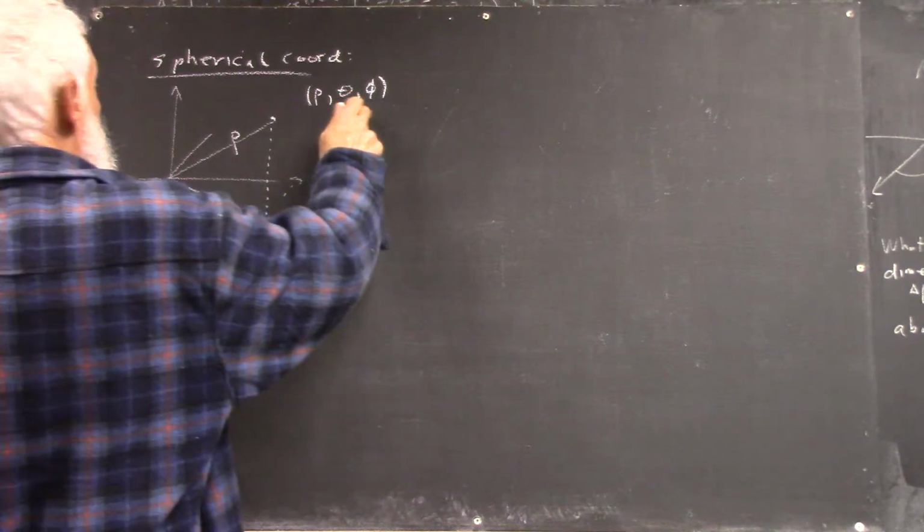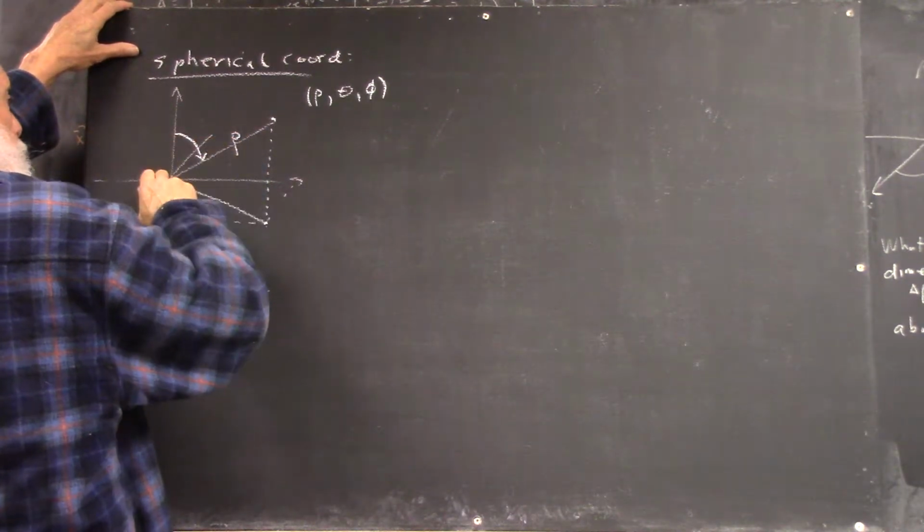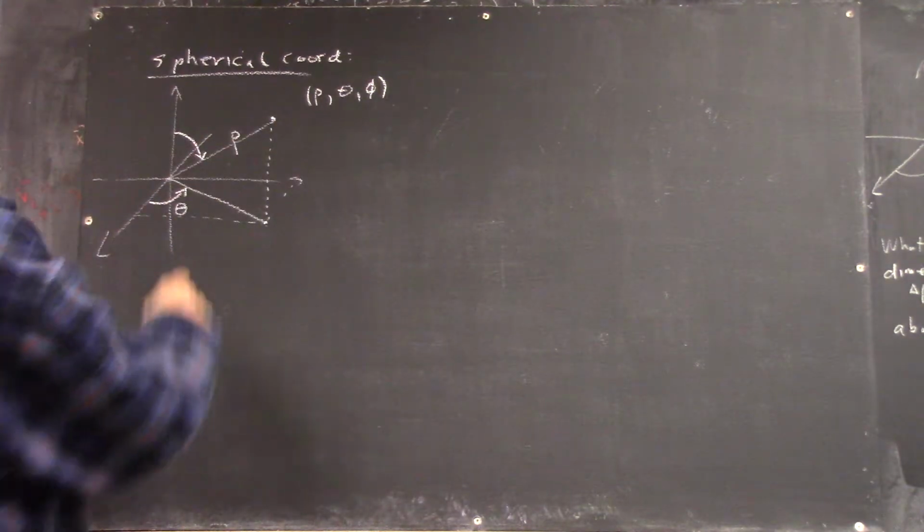And then phi is the angle from the z-axis down to this radial line from the origin out to your point. So here's your phi.